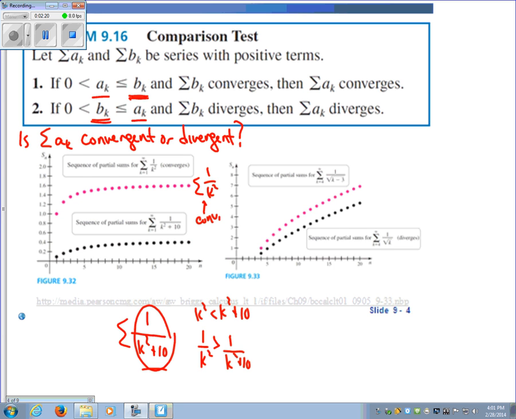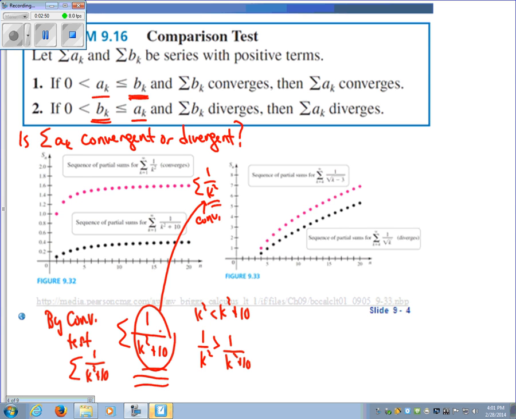Since these term for term are smaller than those, and these actually, when I add them all together, converge, then this one must converge. So that would be by the comparison test. This series also converges. Even though it's not a p series, it's similar enough to the p series that we can compare them and know that it's going to be smaller than the p series that does converge.